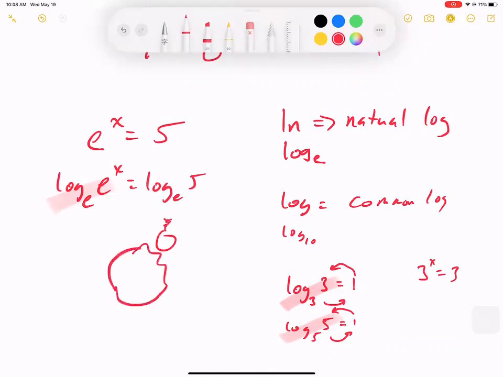What happens to the bomb? It falls down, and then Wile E. Coyote, how does he look? Something like that. He has big eyes now because he sees a bomb that's going to fall on top of him. So it just falls to the ground. That's essentially what happens. Once we get rid of the log, the x just falls to the ground, and we're left with log base e of 5.